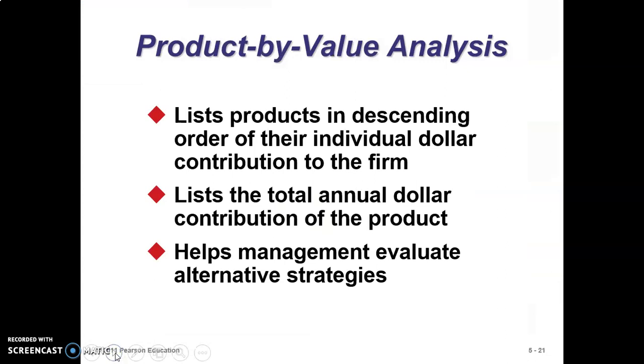Alright, so now we move to product value analysis. Normally for product value analysis, we list the products in descending order of their individual dollar contribution, so how much they can contribute to the profits and the revenue. Then we list the total annual dollar contributions, which is for 1 year.